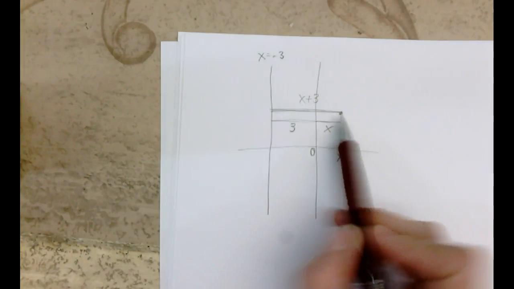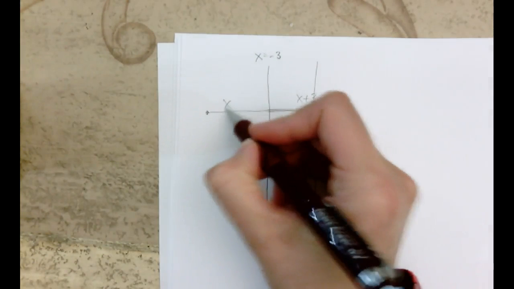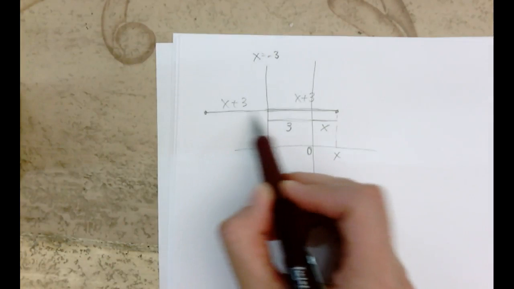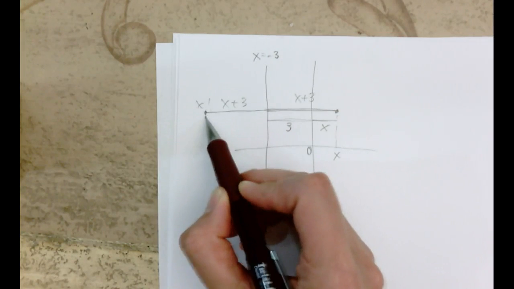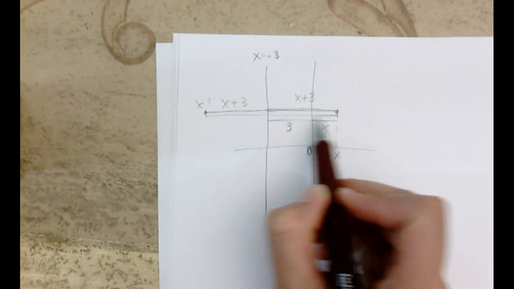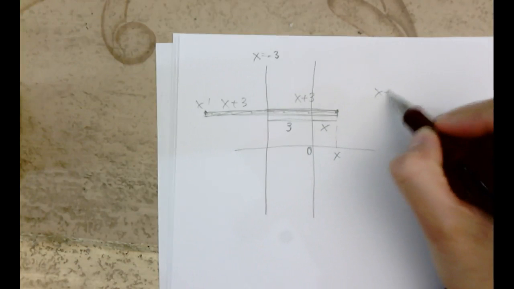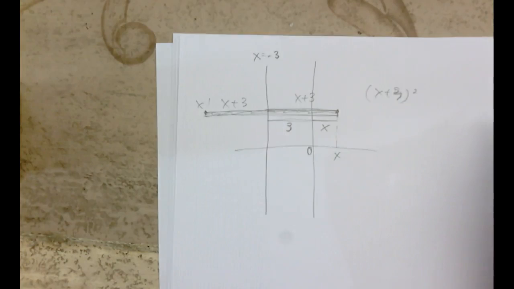If you reflect this over this line, you have to go the same amount to the other side, x plus 3. So the distance from x to the reflection point x dash, this whole thing, should be x plus 3 times 2, or x plus 3 plus x plus 3.